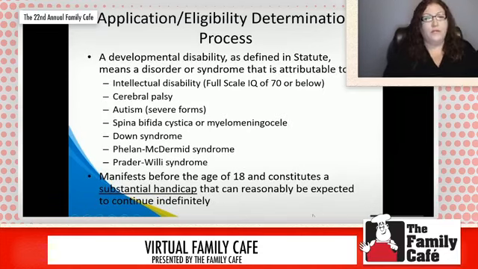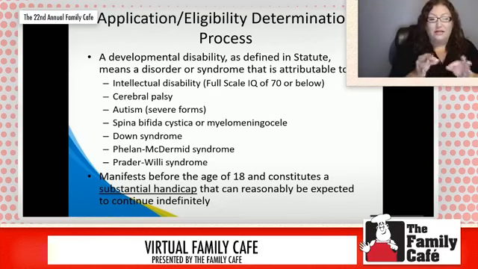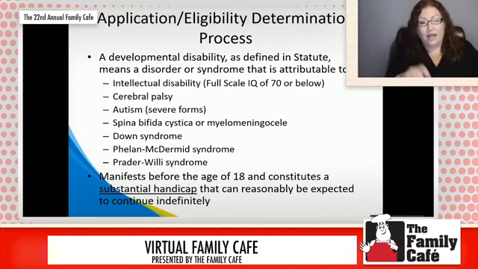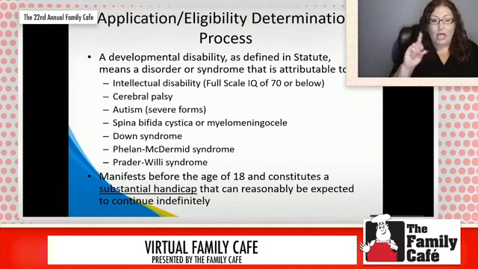A developmental disability, as defined in statute, means a disorder or syndrome that is attributable to intellectual disability with a full-scale IQ of 70 or below, cerebral palsy, severe forms of autism, spina bifida cystica or myelomeningocele, Down syndrome, Phelan-McDermid Syndrome, Prader-Willi Syndrome, and the disability must manifest before the age of 18 and must constitute a substantial handicap that can reasonably be expected to continue indefinitely.